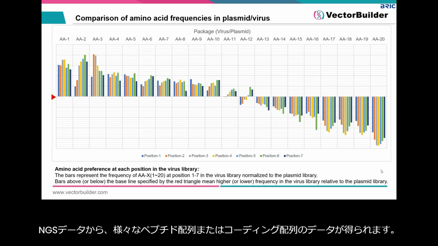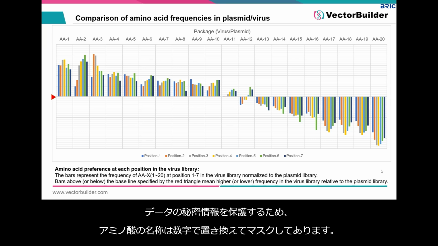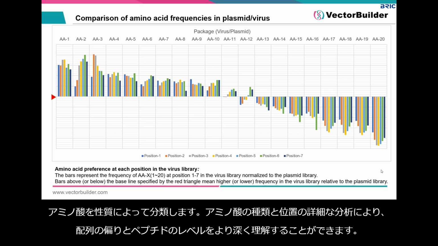After NGS, we have the different peptide or coding sequence data, and we do analysis comparing the amino acid frequencies in the plasmid and virus library. We find that different amino acids appear at different occurrences or frequencies. To desensitize the data, the amino acids shown here are masked by numbers, and we categorize them by their nature.